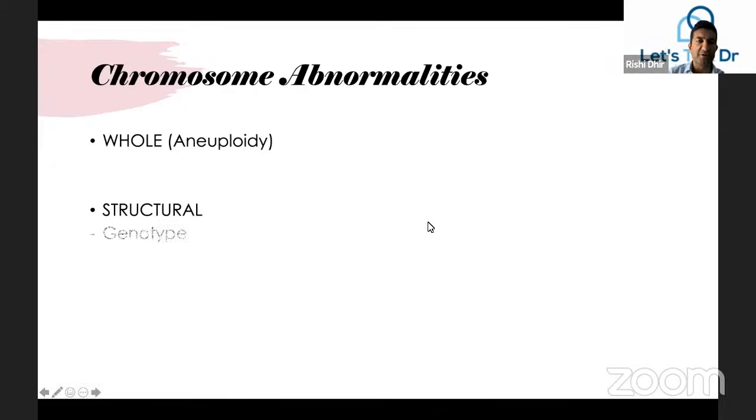We next move on to structural abnormalities. These are where you have changes in the chromosome structure involving one or both copies of a gene. There are some important phrases you need to know for your exam. The genotype is the inherited genetic code of an individual, whereas the phenotype is the clinical manifestation of the genetic code, so how they actually present clinically.